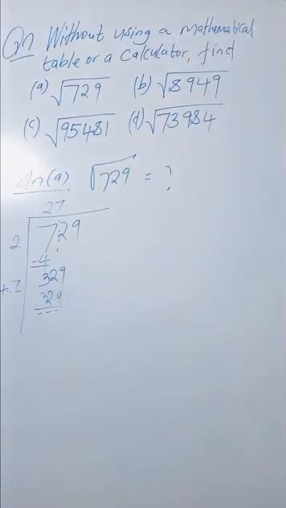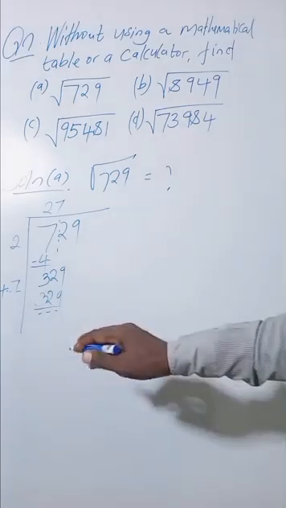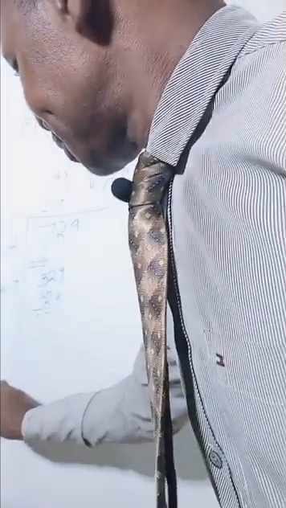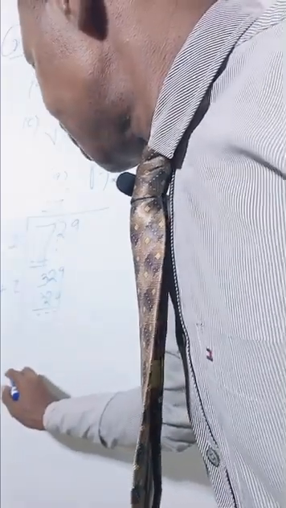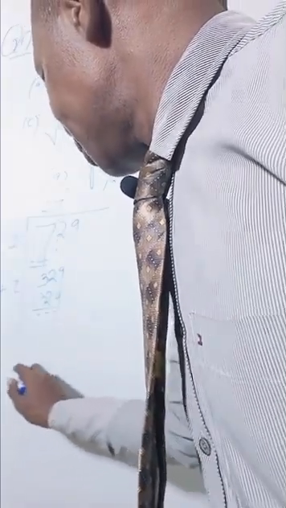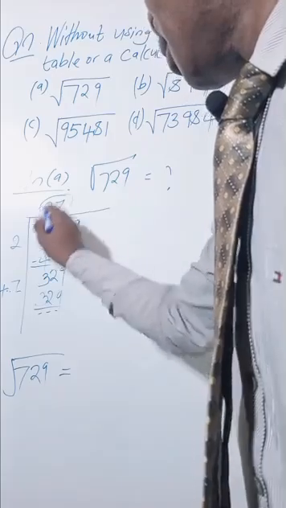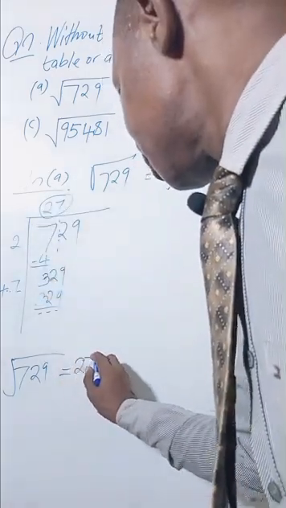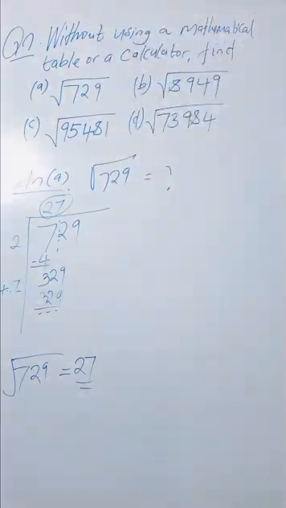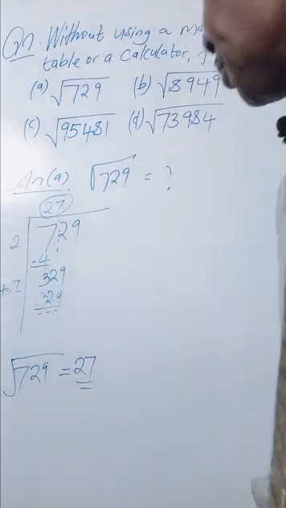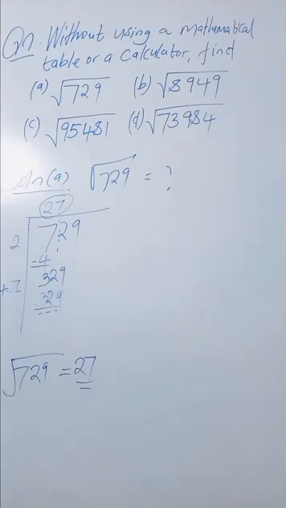So what does it tell us? That therefore, the square root of 729 is 27. This is the general method of finding square root. Okay, that is solution A. Now let's move to part B and see what we are going to get.